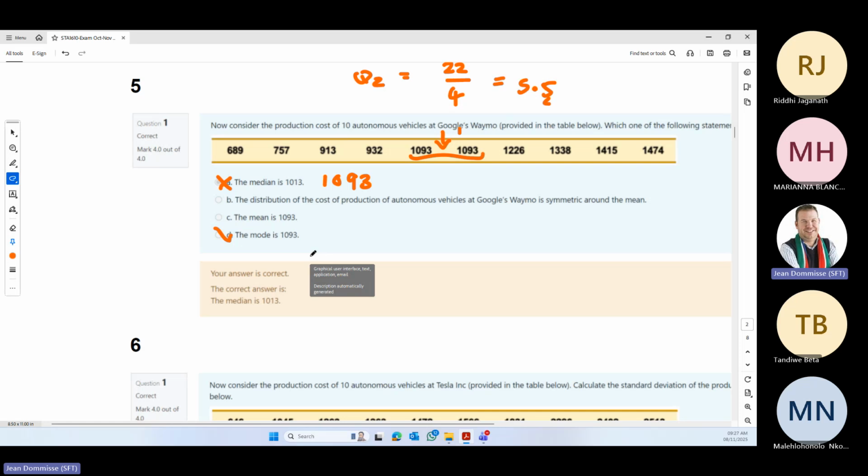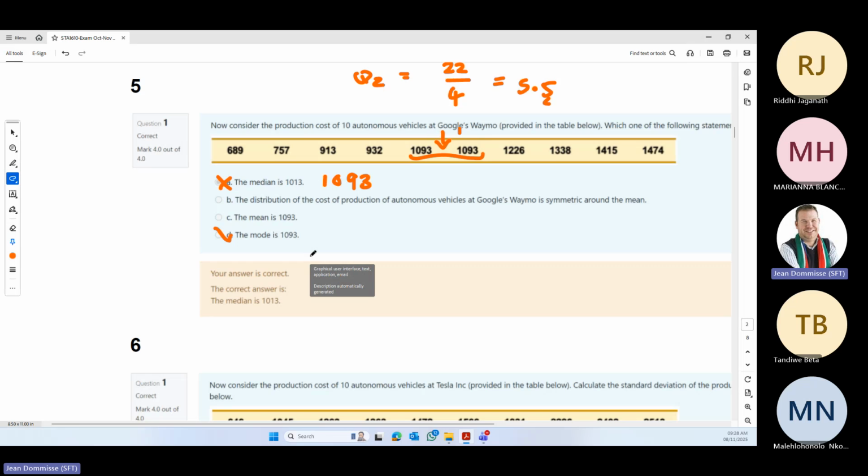So 689 plus 757 plus 913 plus 932 plus 1093 plus 1093 plus 1226 plus 1338 plus 1415 and then plus 1474.